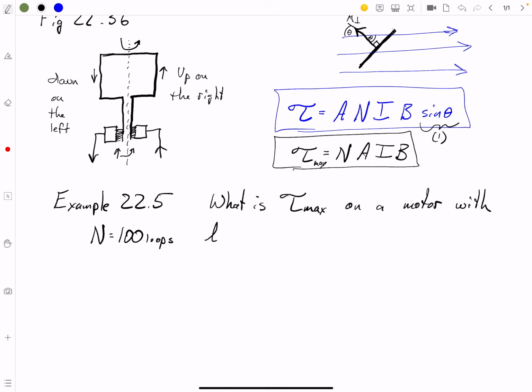The length is equal to 0.1 meters. The width is equal to 0.1 meters. The current, that is 15.0 amps, a lot of current. And the B field is huge. It's 2.0 Teslas. Wow. Okay, this is going to be huge.